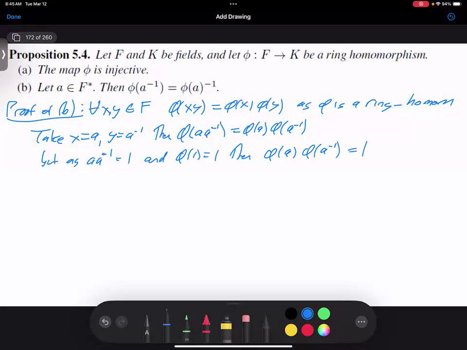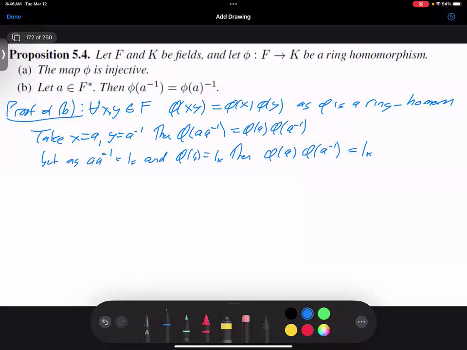When I say A times A inverse equals 1 and phi of 1 equals 1, are these all the same ones? No. I could, or maybe even should, write this as 1 sub F, trying to write it as small as possible. And then this would be 1 sub K. The identity in F is sent to the identity in K.